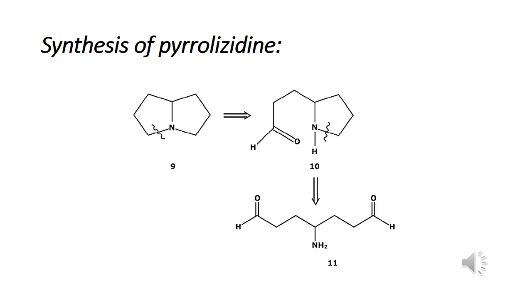As discussed in the previous slide, in this structure 9, pyrrolizidine, after the nitrogen in the first ring, between nitrogen and carbon a wiggly line is placed, so it is going to give a ring opening. Then another C-N disconnection is shown in structure 10, which is going to give you the amino derivative, diketone derivative, dialdehyde derivative as structure 11.